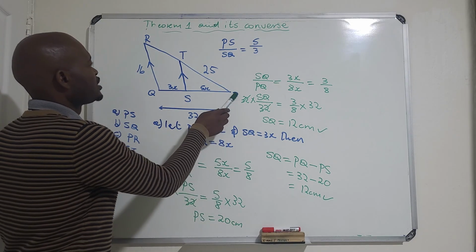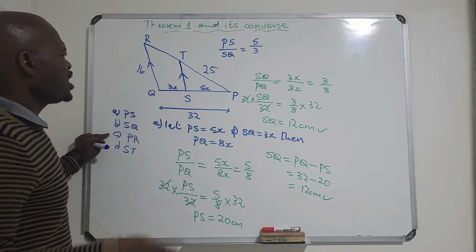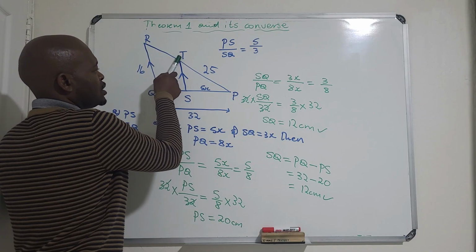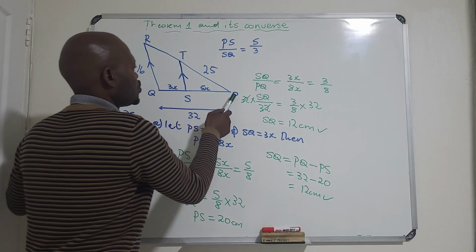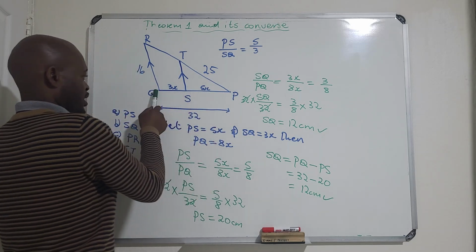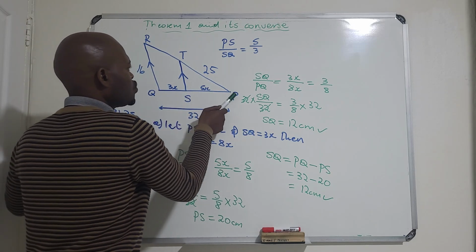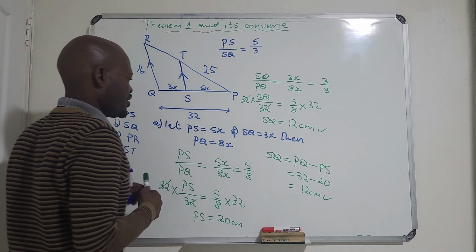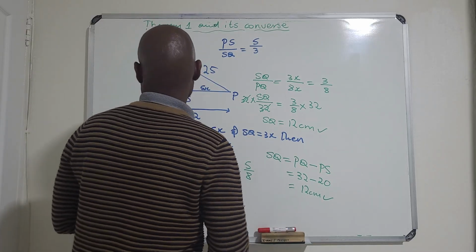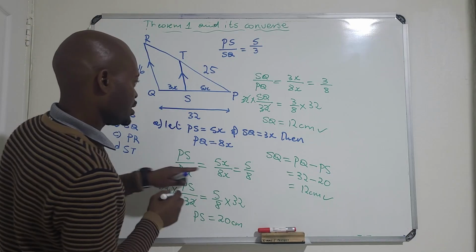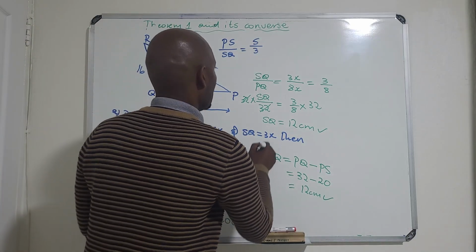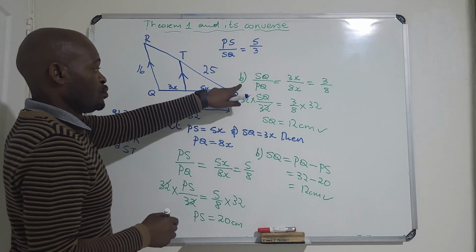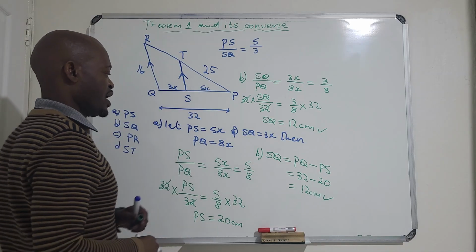Now, they say to us, C, find PR. They want us to find PR. For us to find PR, I do have this over that, so I can use it however I prefer. I can do it like this, or I can do it like that.